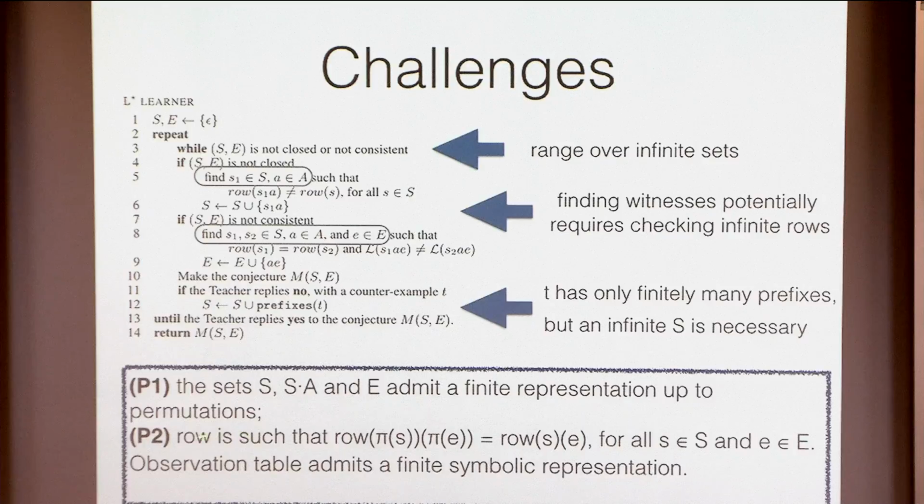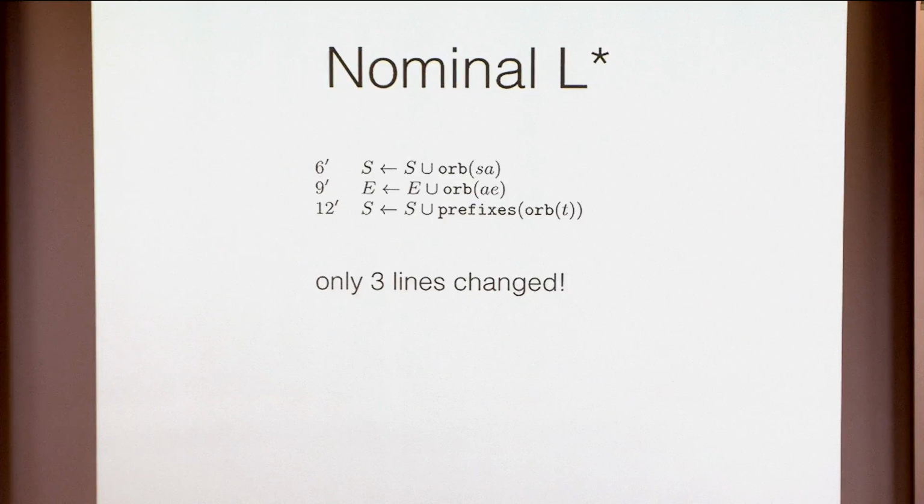And the table, the function rho, is equivariant, so it will be the same modulo permutation. This means the table itself should also admit a finite symbolic representation that operates only on a finite number of orbits.